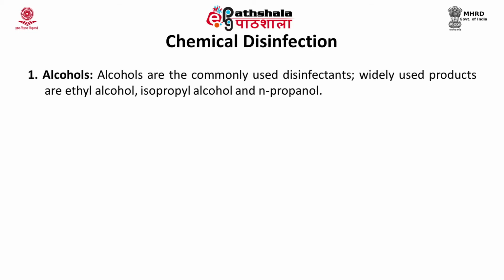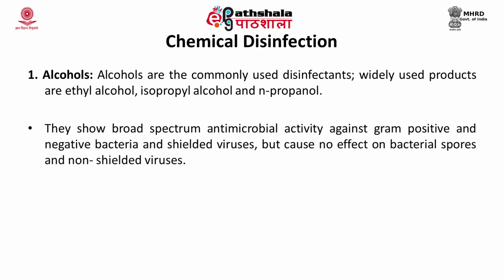The commonly used chemical disinfectants belong to the class of alcohols. The widely used products are ethyl alcohol, isopropyl alcohol and normal propanol. These alcohols show broad spectrum antimicrobial activity and are effective against gram positive and negative bacteria as well as viruses, but have no effect on bacterial spores.